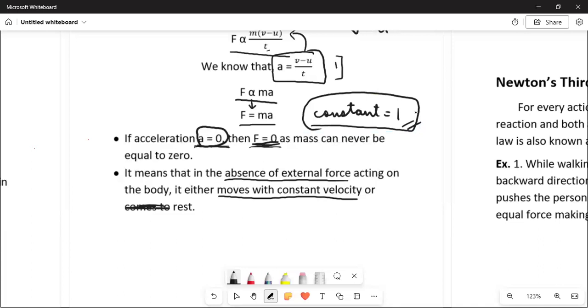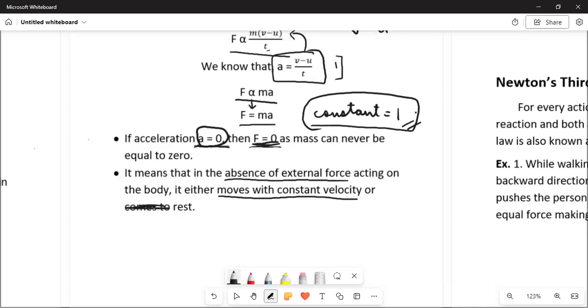Okay, so as we discussed in Newton's first law, a body will continue its state of rest or motion until and unless any unbalanced force is applied on it. So this is what is coming over here, that in the absence of external force, the body will be either moving with a constant velocity or at rest.